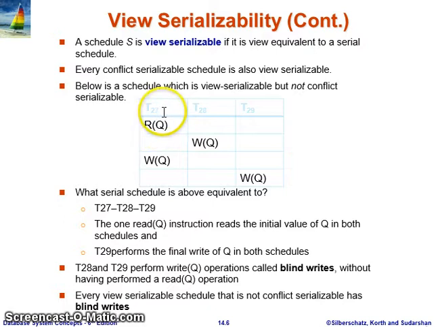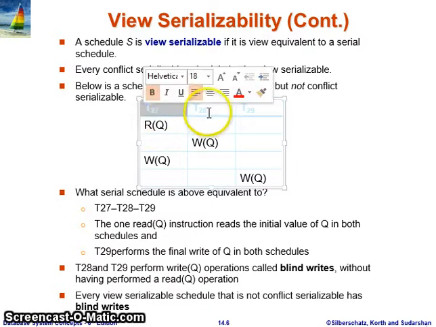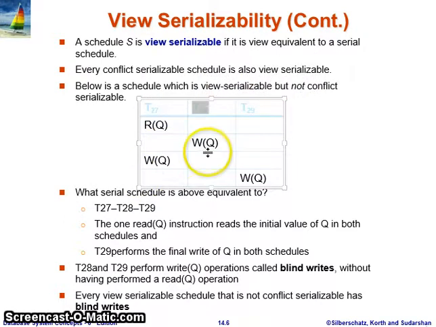Yes, this belongs to transaction T27 and this belongs to T28. So the first condition is true. The second condition is that they must operate on the same data item. Here they operate on the same data item Q, so the second condition is satisfied. The third condition says that one of the operations must be a write operation. Here both operations are writes, so our third condition is also satisfied, meaning these two operations are conflicting operations. So we cannot swap these operations.